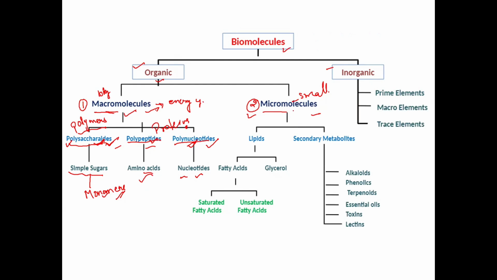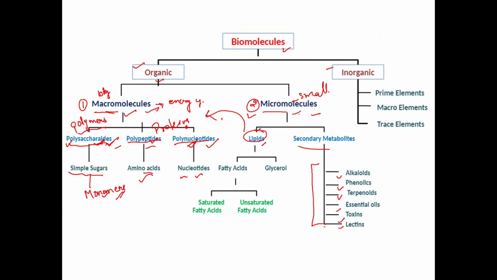Coming to the micromolecule, which is small in size and smaller in molecular weight, categorized into the lipids. Sometimes lipids are considered a macromolecule. So, micromolecules are secondary metabolites such as alkaloids, phenolics, terpenoids, essential oils, toxins, lectins.